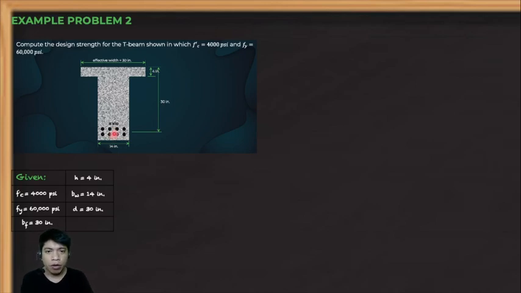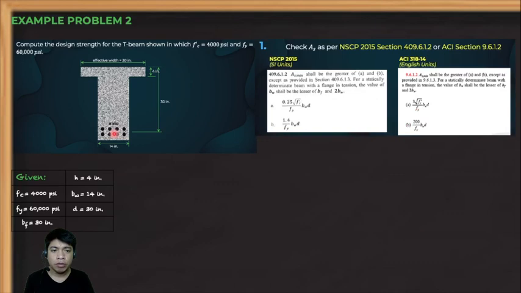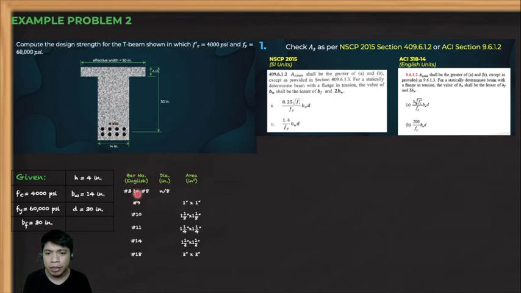Now, first, what we have to do is to check the area of steel if it satisfies the code requirement. Take note, guys, that in the English unit system, usually what is given is the bar number. For a little review, we have to review how we treat the bar numbers.